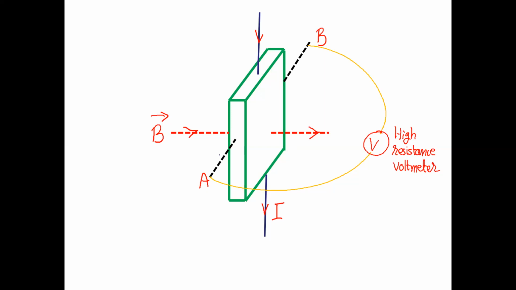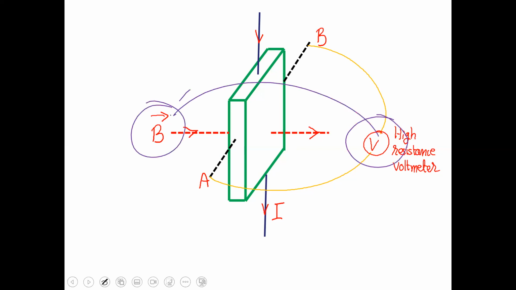It is able to generate a voltage. Now the concept of physics is that you will measure the voltage, but this voltage is directly proportional to B. So measuring voltage can be calibrated for magnetic field strength.